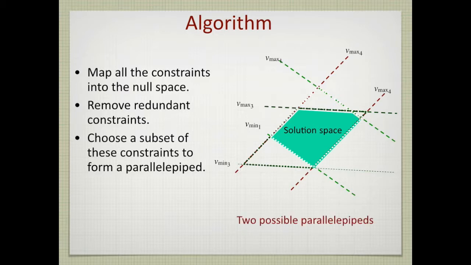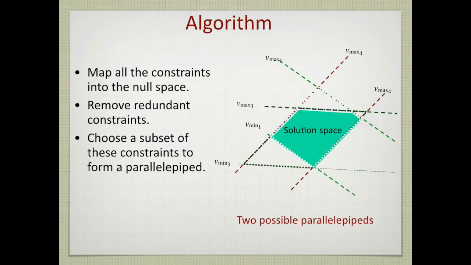So with that, you can actually make many possible parallelepipeds, and you would like to calculate the one that is the most snug or the most tight around that space. Here's an example of one parallelepiped you can draw based on a set of max and min constraints, for this case that we're looking at here.